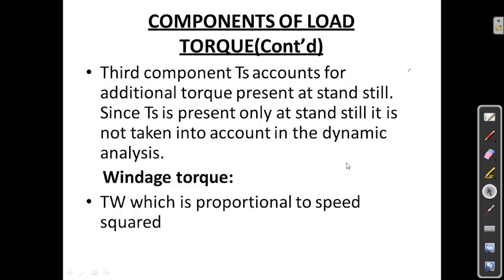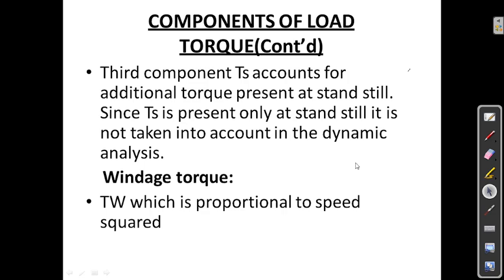Likewise, the third component TS accounts for the additional torque present at a standstill. Since TS is present only at a standstill, it is not taken into account in dynamic analysis. The windage torque is TW, which is proportional to the speed squared.